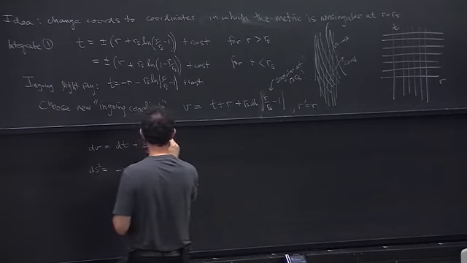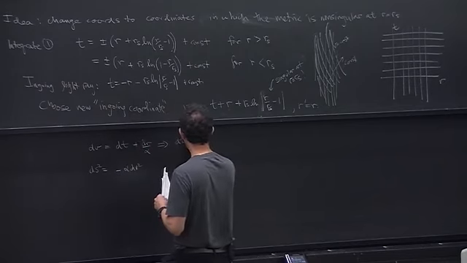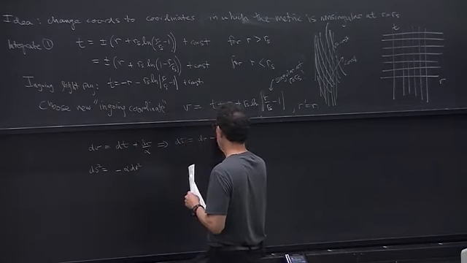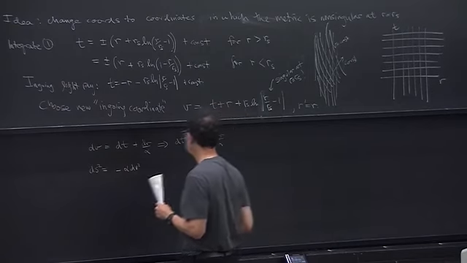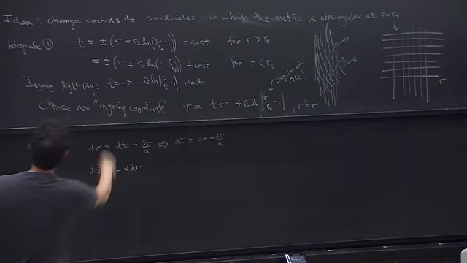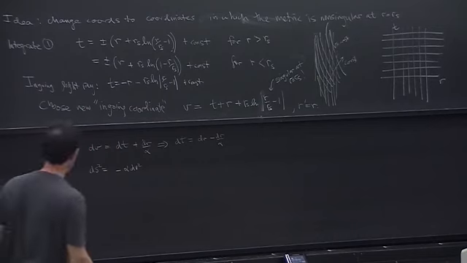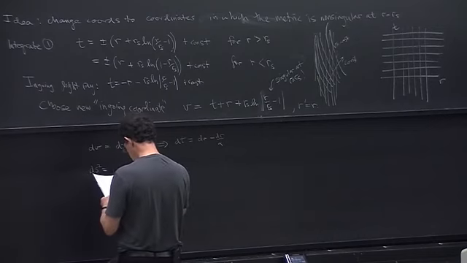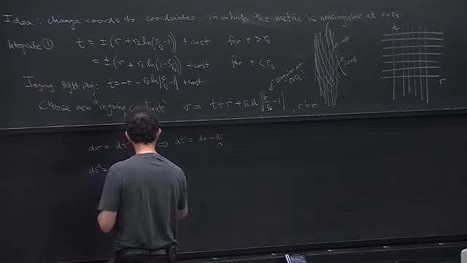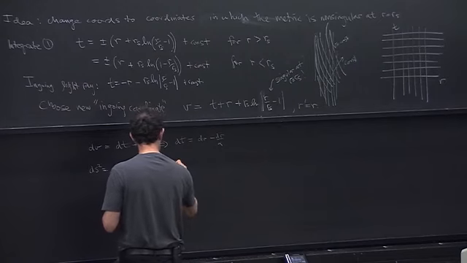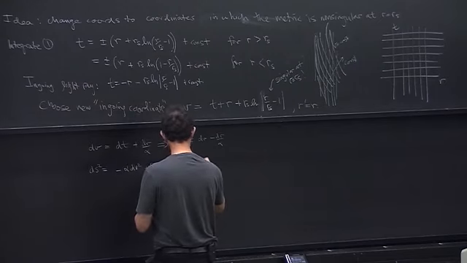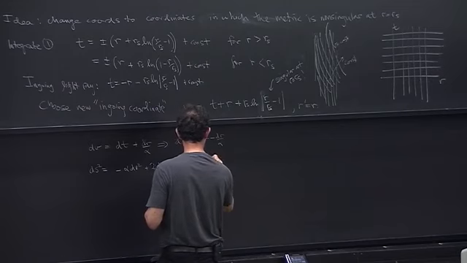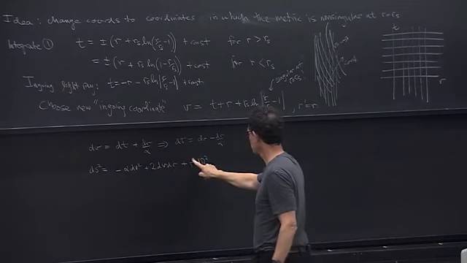Oh, so from this equation, it follows that dt is dv minus dr over alpha. And so if I plug that into the original metric, then ds squared is minus alpha dv squared plus 2 dv dr plus r squared d omega squared.